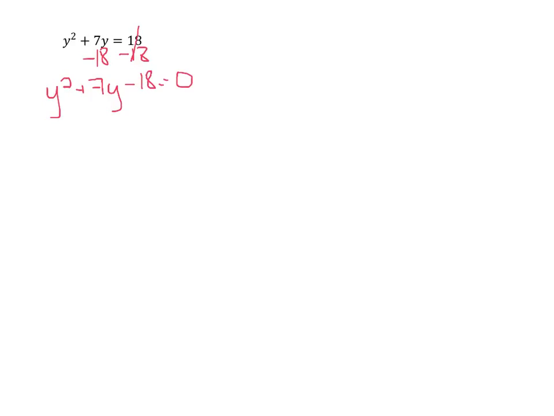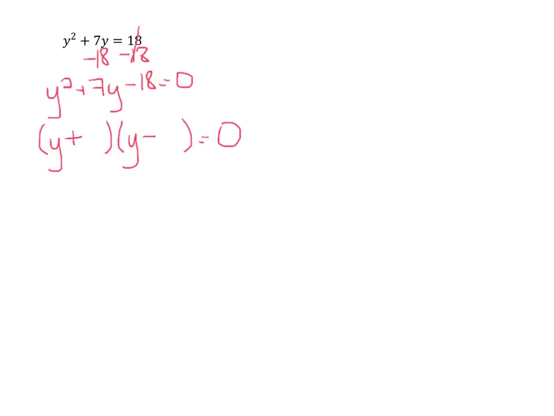From here, you have to factor. We've got a quadratic, so we factor that quadratic and make sure it's still equal to 0. So remember those rules of factoring. This minus sign tells me that I've got a plus and a minus in these two. The plus sign here tells me that this value will be larger than this value.